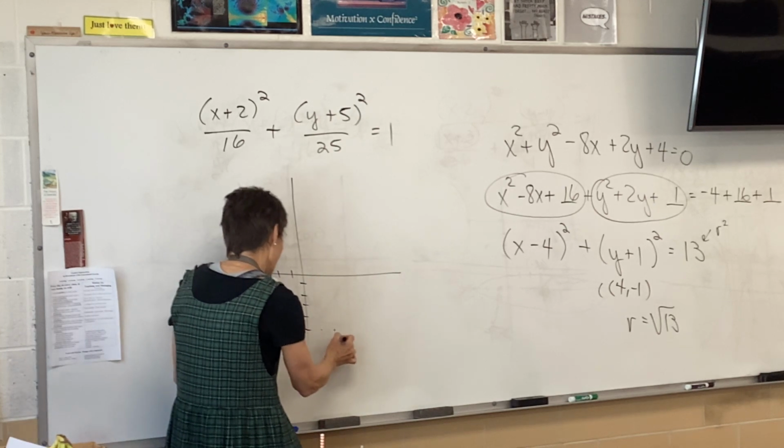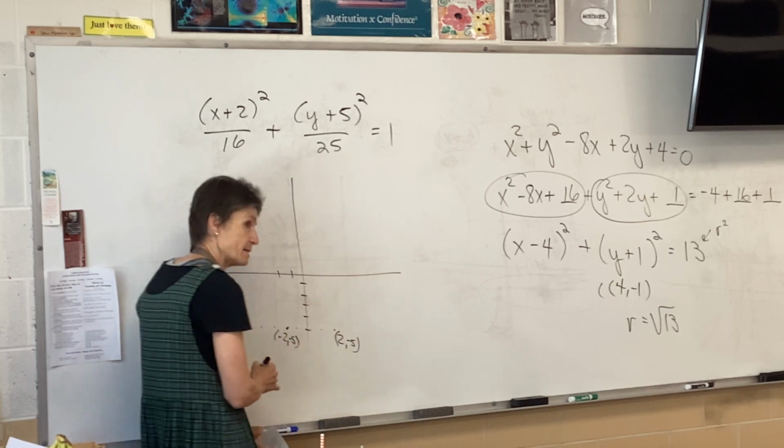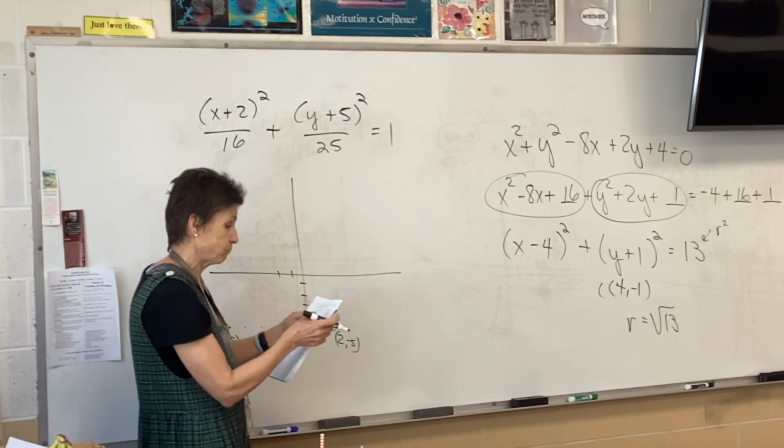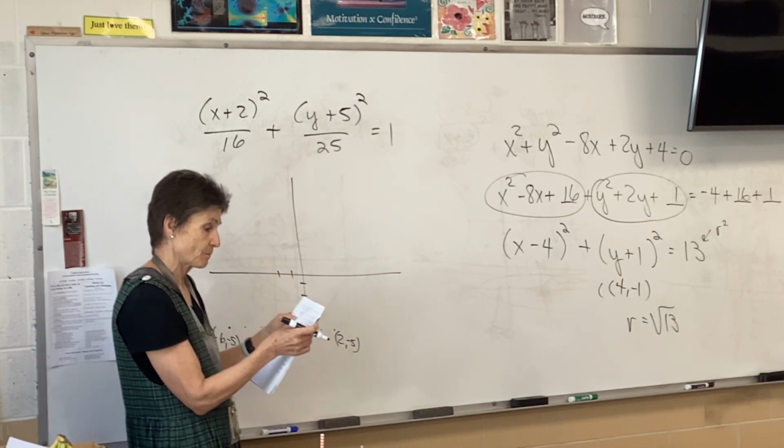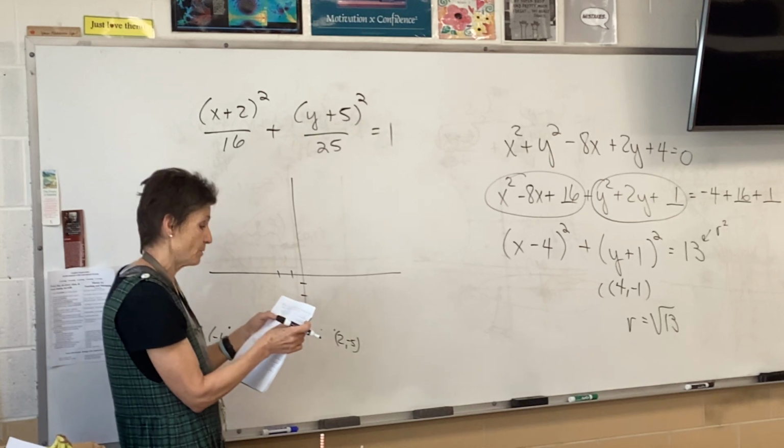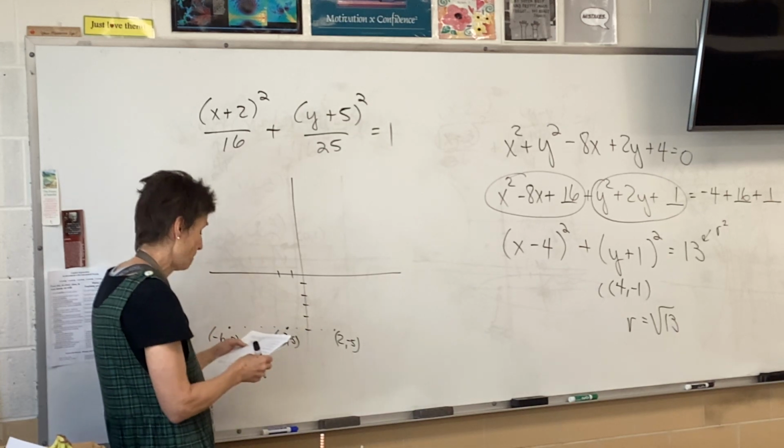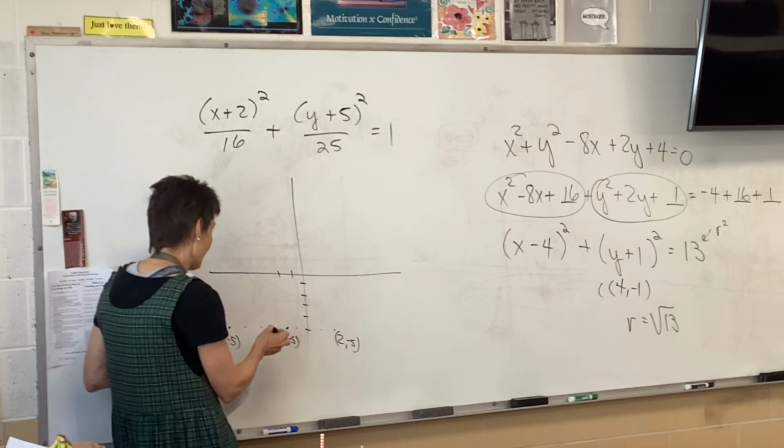By the way, all of these points are going to be vertices. So you'll notice there are 4 blanks there. You're going to fill all 4 of those. Here are 2 of the points, so we're going to fill them. And then up and down 5.